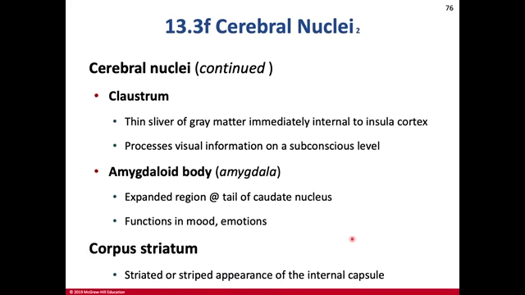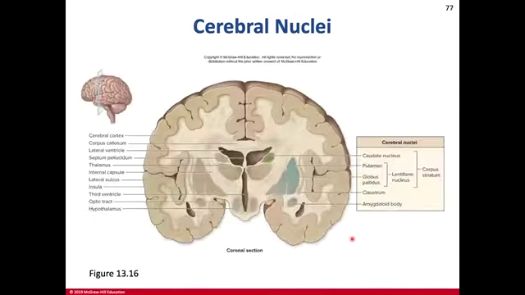The claustrum is a sliver of gray matter immediately internal to the insula cortex that processes visual information subconsciously, while the amygdaloid body is an expanded region at the tail of the caudate nucleus important in mood and emotion. And the corpus striatum is a striated area in the internal capsule.